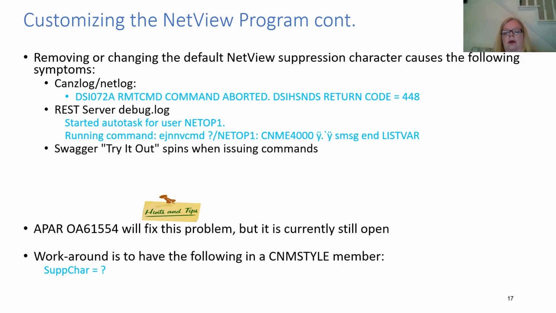And if you're doing a try it out from the Swagger web page, it just spins when you're issuing commands. So the expectation is that the default NetView suppression character was not configured, and that's what's causing this issue. We do have an APAR created to fix this problem, but that APAR is still currently open. So the current workaround is to go back and put the default suppression character in.